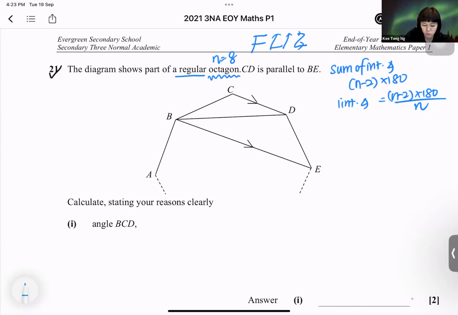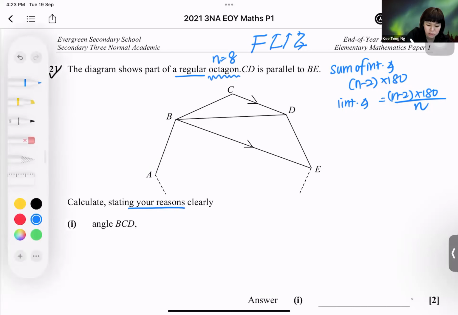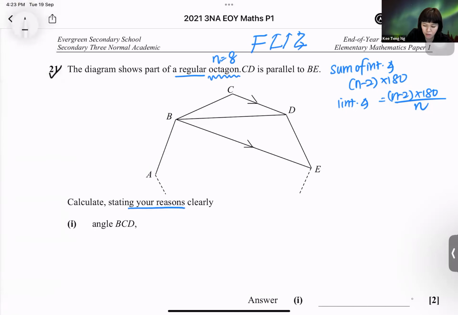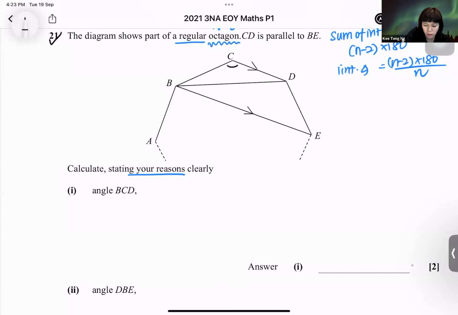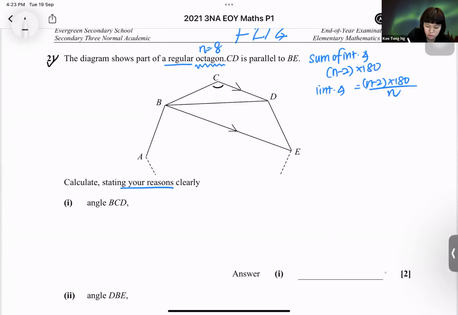All right. So they say stating your reasons clearly. So please state your reasons clearly. Find angle BCD. Well, BCD is an interior angle of a regular polygon. So this one doesn't really have much of a reason, just substitute n equals 8. Octagon, right?